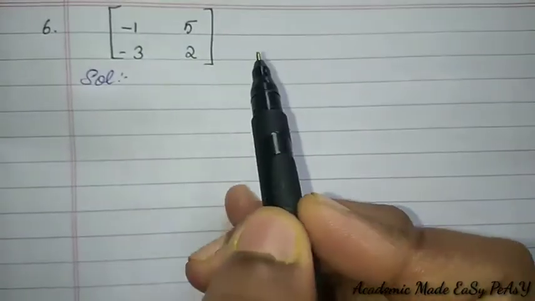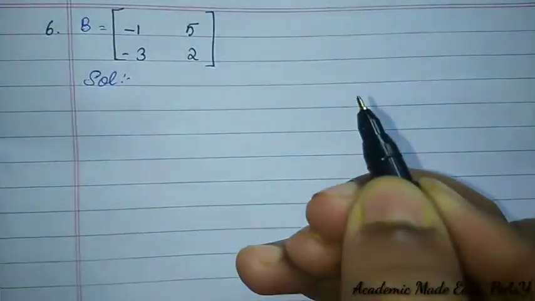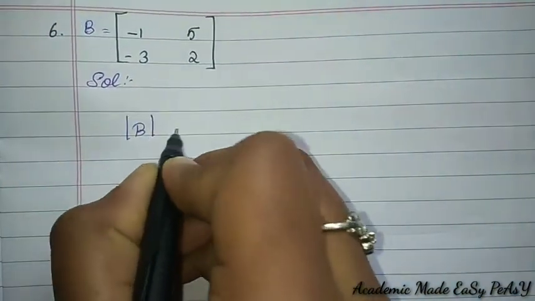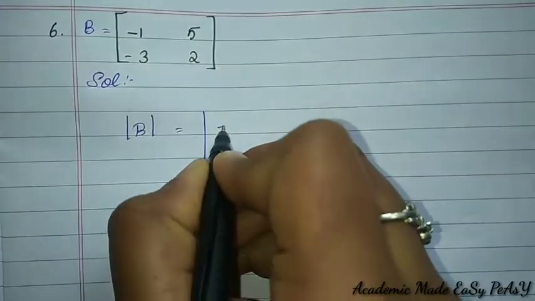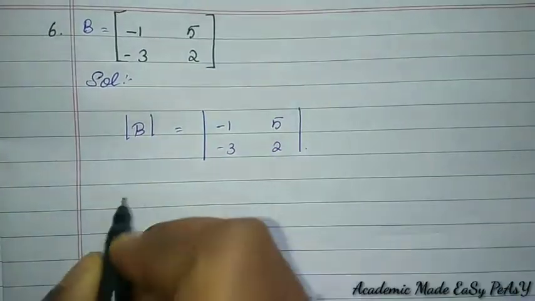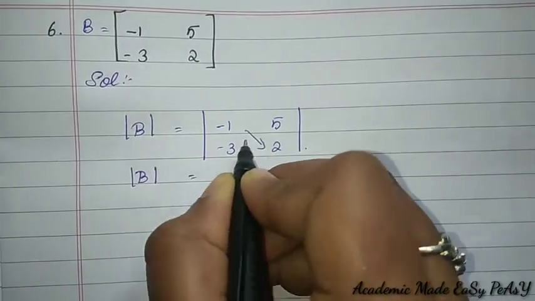Question 6, a matrix is given. So let me name this matrix as matrix B. Now I will start finding the determinant of the matrix B. So minus 1, 5, minus 3, 2. So determinant B is equal to, I will be using the x method.